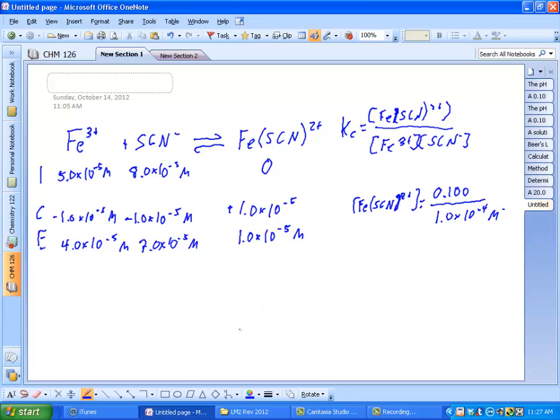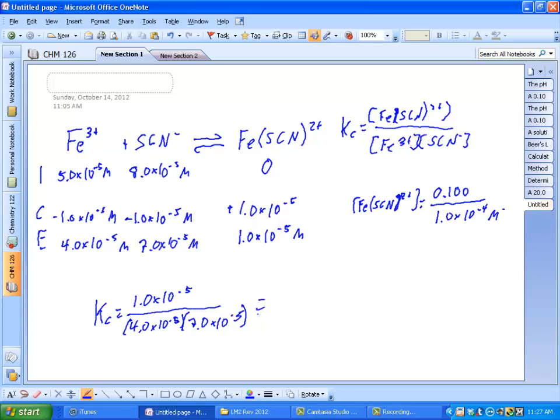All right, so we have equilibrium concentrations of all three ions, and therefore we can just plug them into the equilibrium constant expression. Okay, we have 1.0 times 10 to the negative fifth molar complex. We're going to divide that by 4 times 10 to the negative fifth molar for the iron 3, and by 7 times 10 to the negative fifth molar for the thiocyanate.